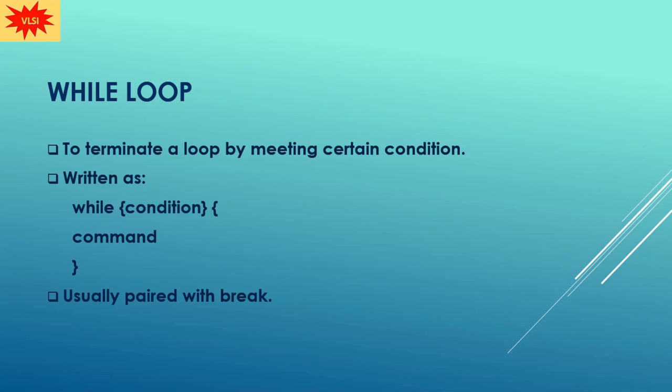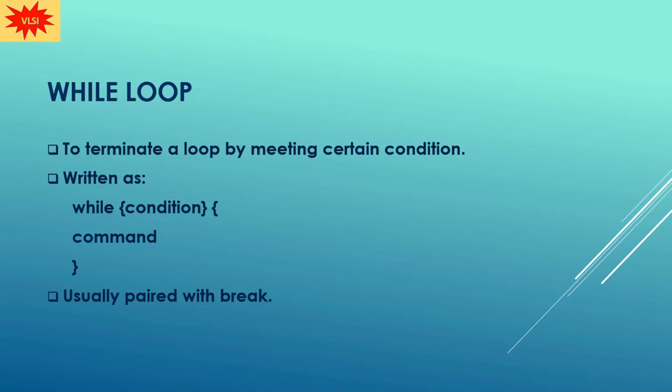Because if you see, in while we are giving only one condition. With that one condition, either you can start the loop or you can stop the loop. And when you're starting the loop by meeting a certain condition, you'll have to pair it with the break command. That's how you'll be able to come out of the while loop.